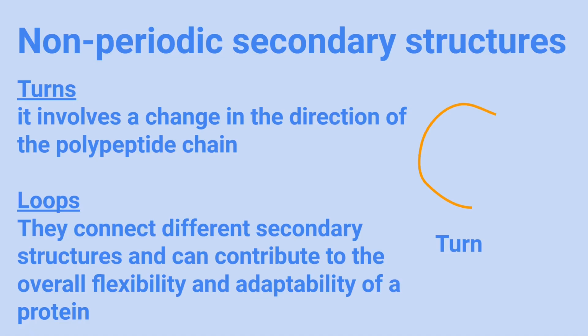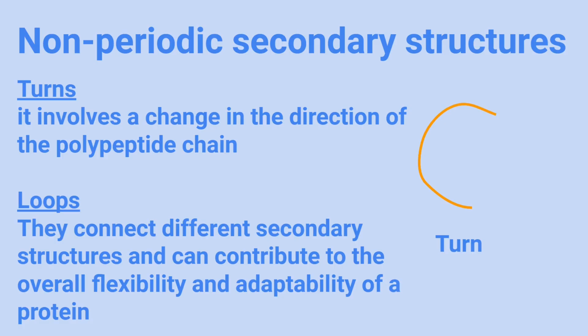There are other secondary structures fundamental for tertiary structures: turns and loops. In biochemistry, turns and loops refer to specific structural elements that are crucial for the proper folding and functioning of proteins. Let's start with turns.